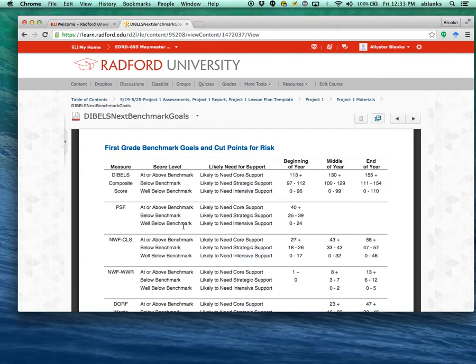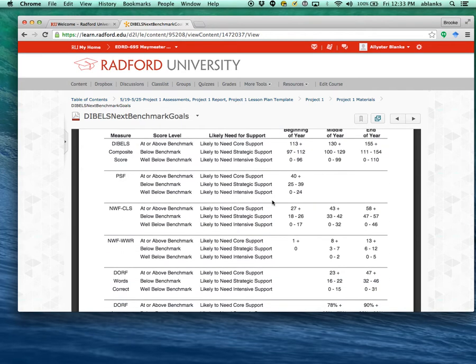You will be looking at phonemic segmentation fluency, and we'll be using the beginning of the year for first grade if your student's a first grader, because typically for students who are not having trouble learning to read, we don't give the assessment again. So this is the highest level of norm reference data we have.